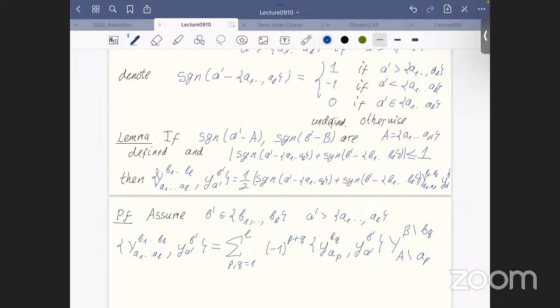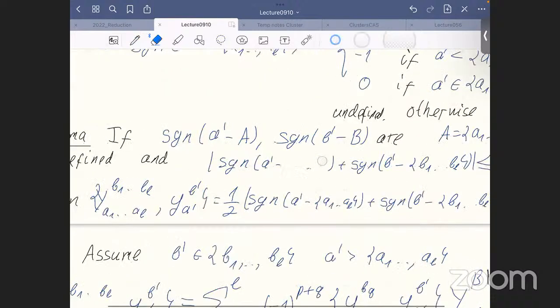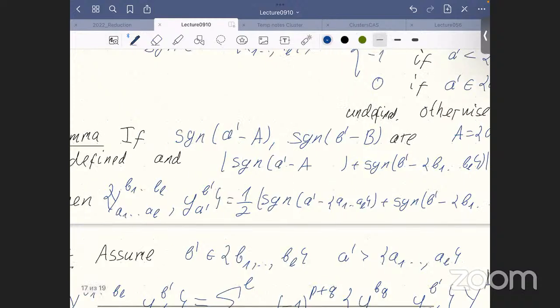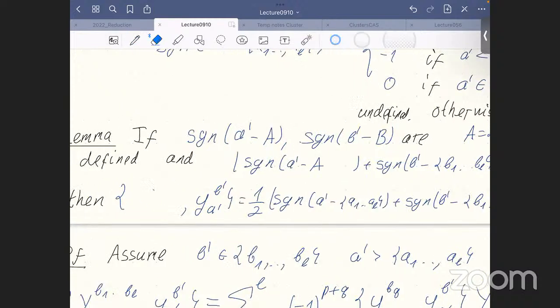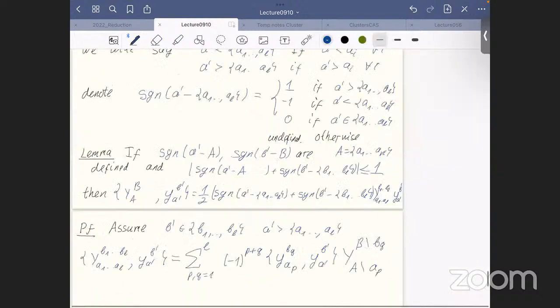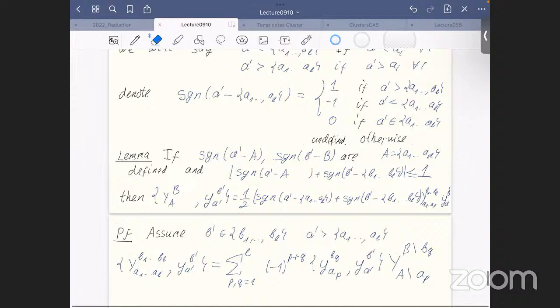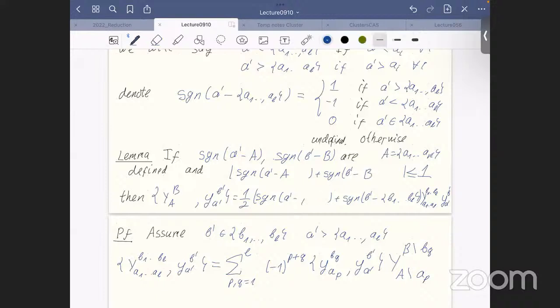Similar for B. Here will be A. Here will be A. Here will be B. A. B.